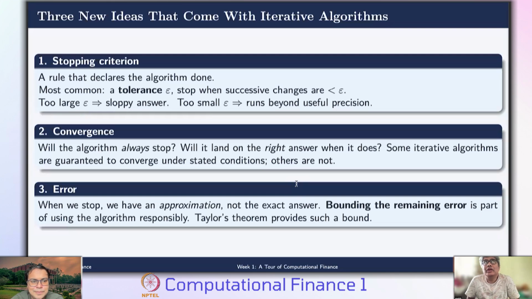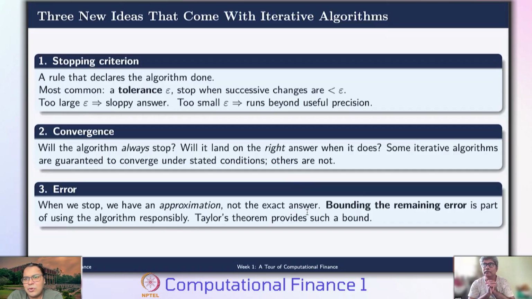The only thing we can do is make the remainder term small enough that we don't care anymore. Bounding the remaining error is part of the algorithm's responsibility, and Taylor's theorem basically provides that. If you go deeper, these things are covered to a great extent in numerical analysis courses. These are very important.